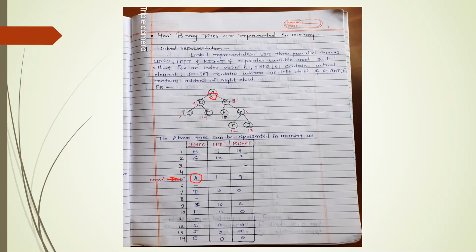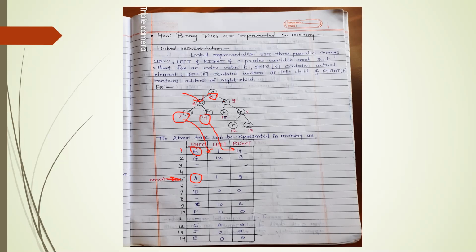Next element is B. Address of B is 1. So at the position 1, node B is stored. Left subtree and right subtree value: 7. So 7 is stored in left array, and here is 14. So 14 is stored in a right array.